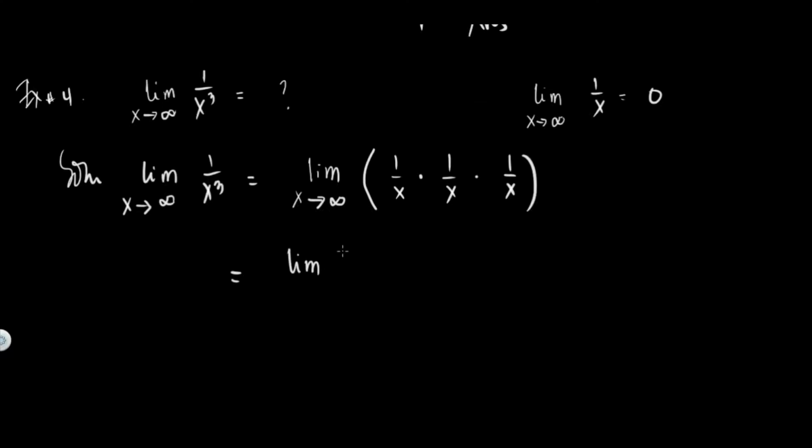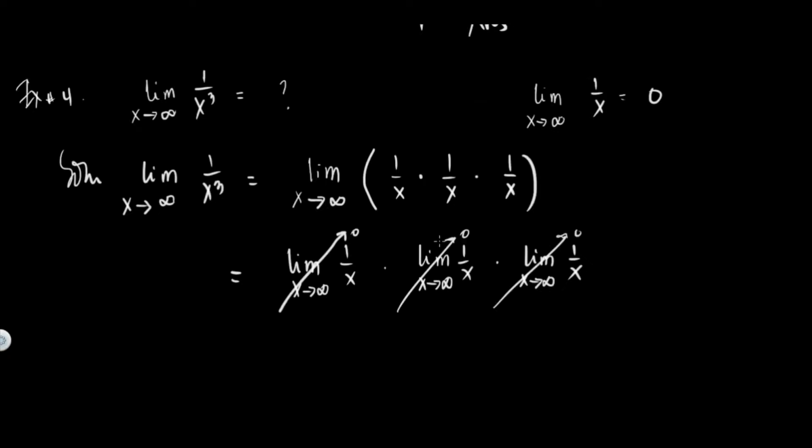O limit of 1 over x as x approaches infinity multiplied by the limit of 1 over x as x approaches infinity and the limit of 1 over x as x approaches infinity. And sabi sa ating theorem number 9 that the limit of 1 over x as x approaching infinity is 0. So we can say that this is 0, and this is 0 also, and 0. 0 times 0 times 0 is 0. Okay? So this is your answer.